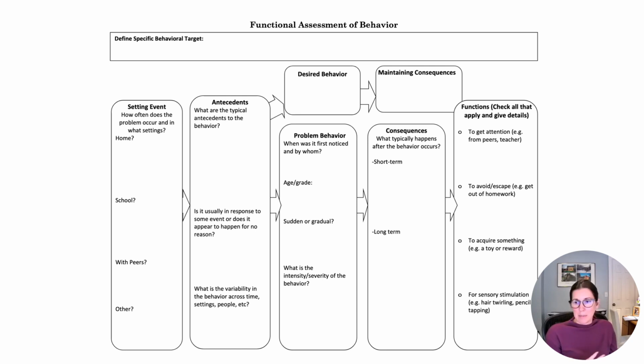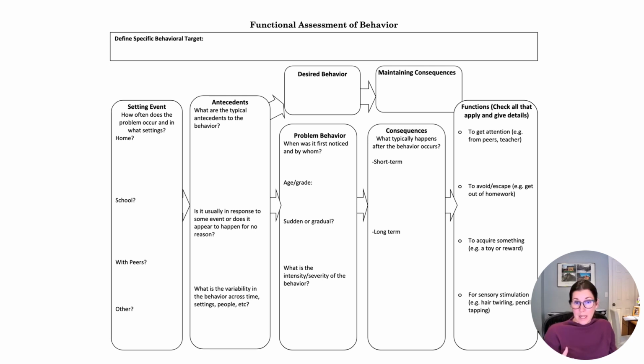As an example, if you have a child who's having tantrums in the classroom, do we notice that maybe this happens when they're given work? Is that a typical antecedent before the tantrum occurs? That's just one example to give you. Is it usually in response to some type of event, or does it really seem to happen for no identifiable reason? And again, is there variability in the behavior? How often it happens, how severely or intensely it happens across time, across settings, across people?